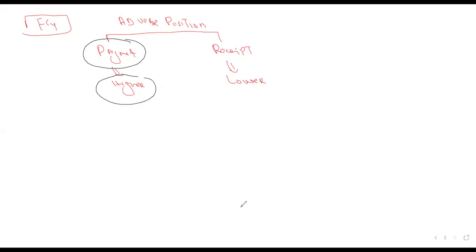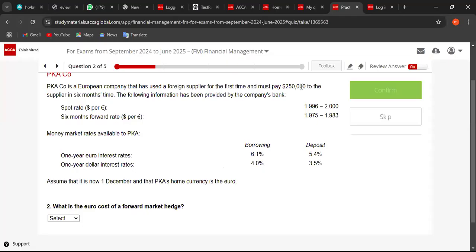Now see, try to understand how much you have to pay. $250,000, and the forward rate is 1.975 and the other rate is 1.983. So guys, which rate will you choose so that your payments will be higher? Tell me. 1.975. See how? What is the reason?